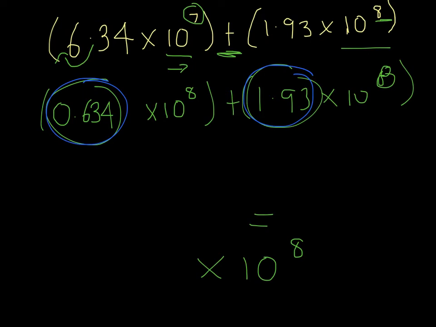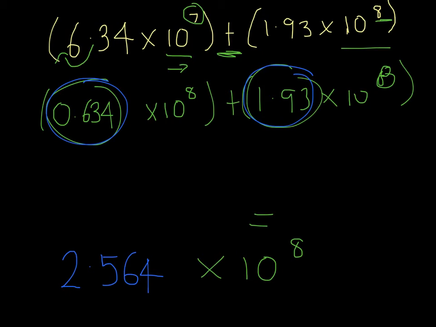If you need to use a written strategy, please do. Otherwise, hopefully you might be able to do that mentally. So 1.93 add another 0.634 is equal to 2 with a 6, 5, 6, 4. So the answer is going to be 2.564 times by 10 to the power of 8.